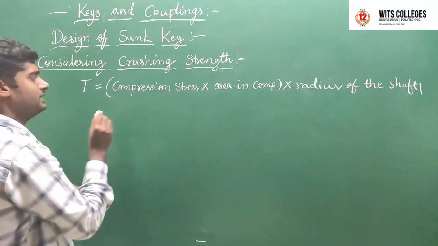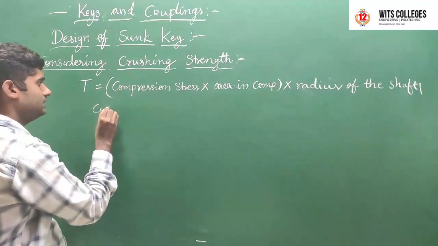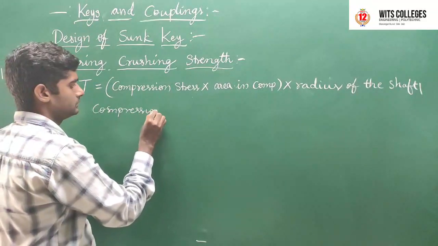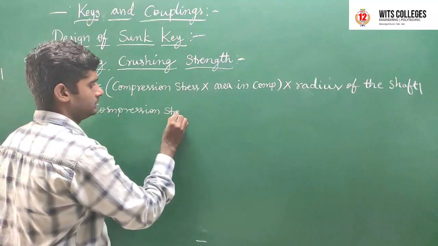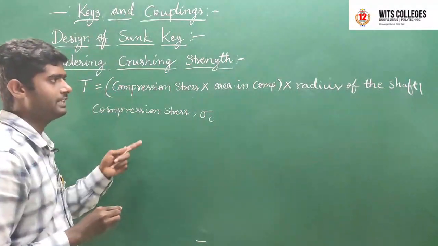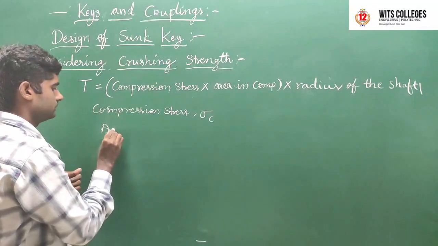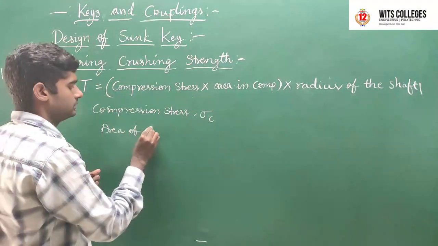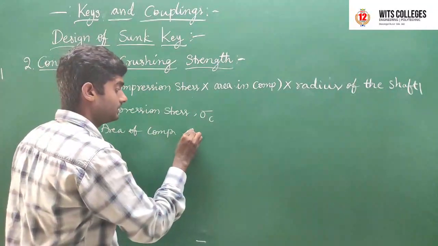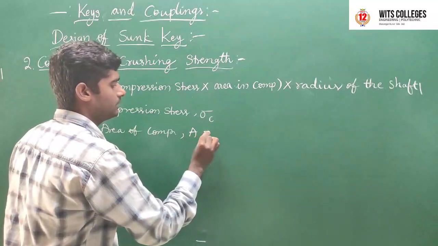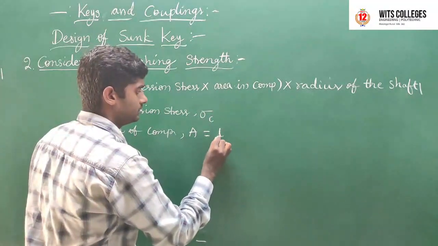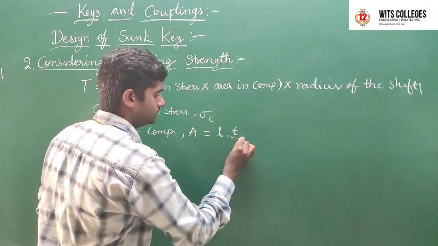Compression stress is denoted by sigma C. Area of compression is denoted by A is equal to length into T by 2.